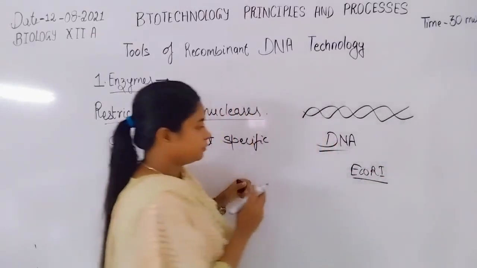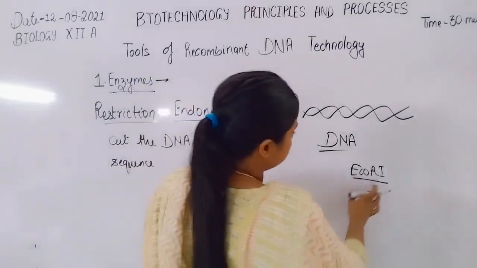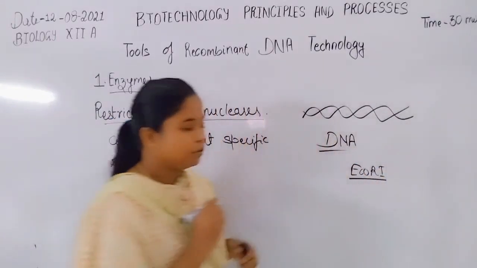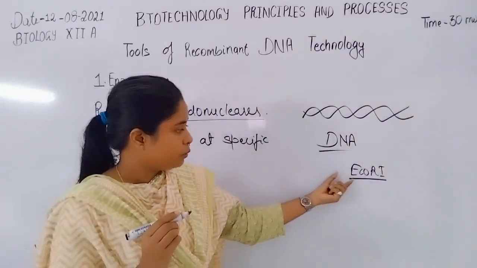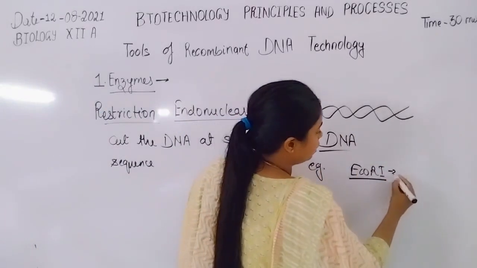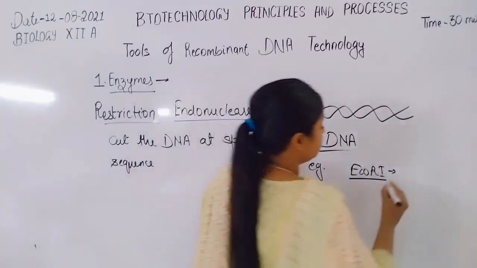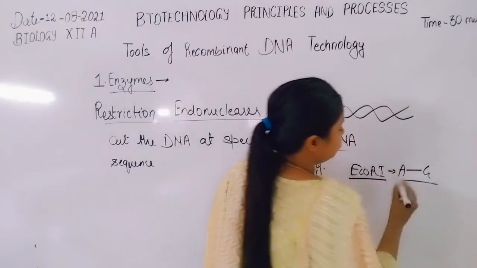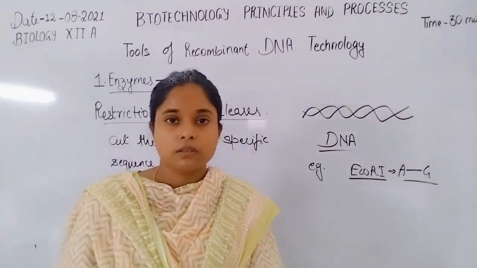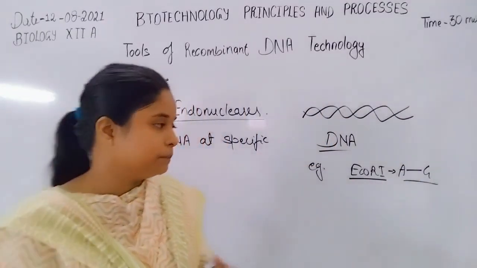This is the name of a restriction endonuclease used in cutting DNA at the inner side, but the property of EcoRI is that it breaks the phosphodiester bond between adenine and guanine.